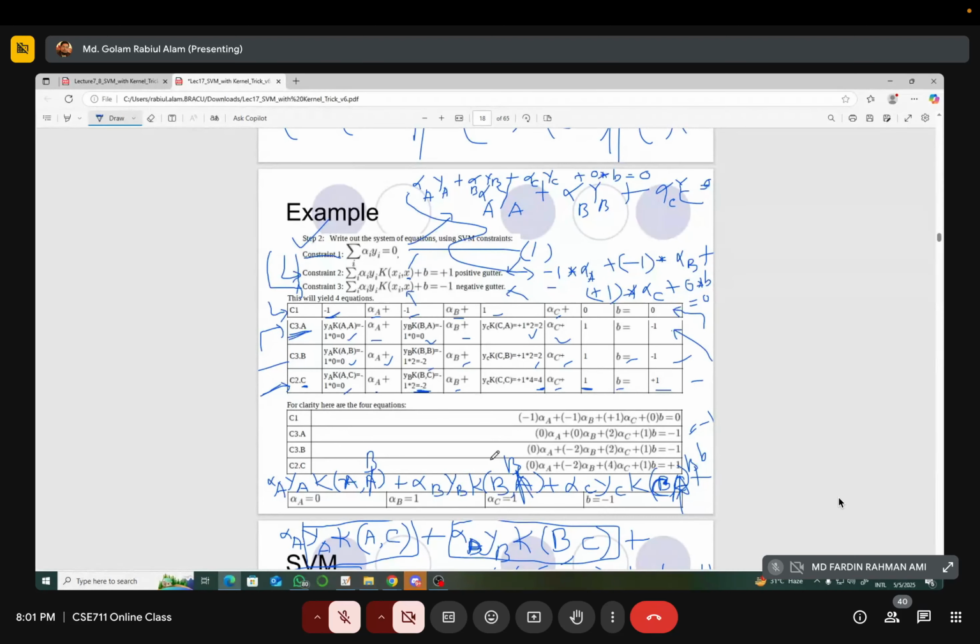Okay, so we will get another equation considering the negative gutter that will pass through another data point, that is data point B.